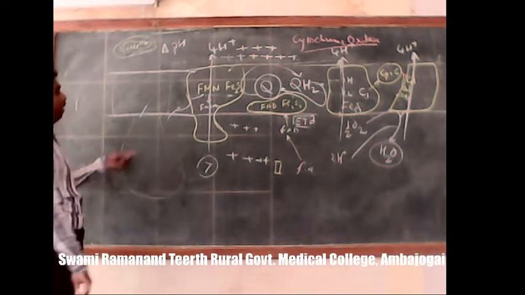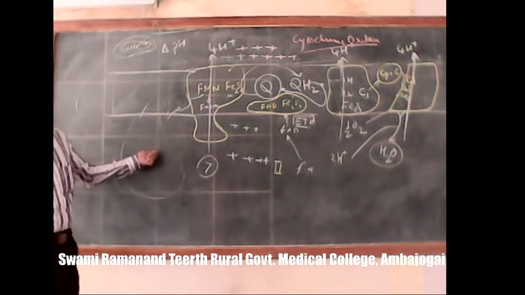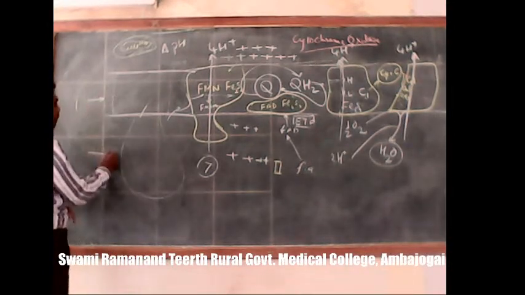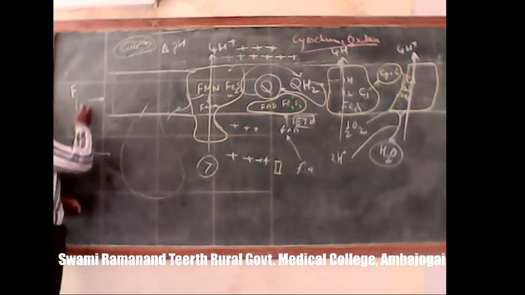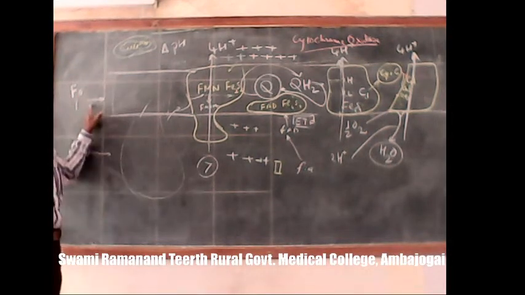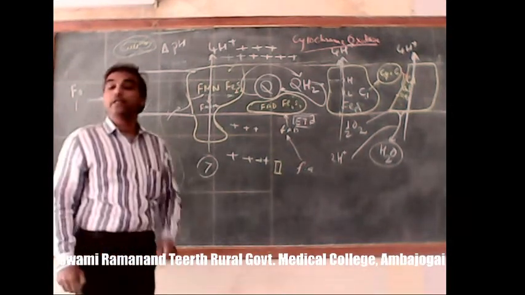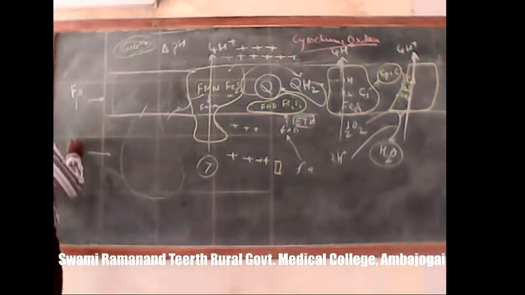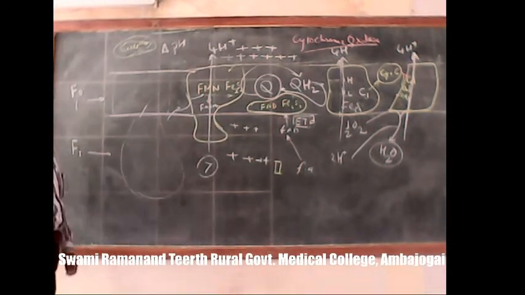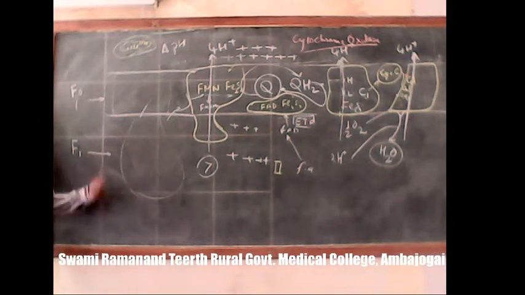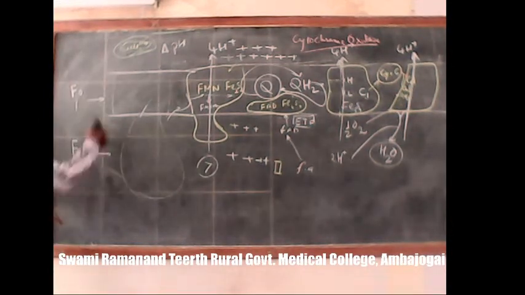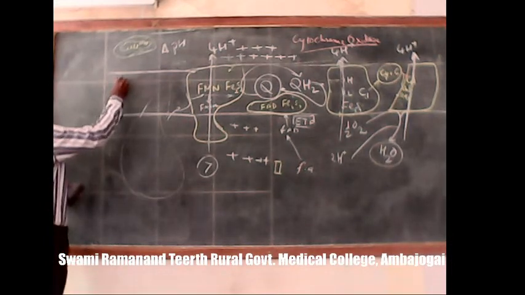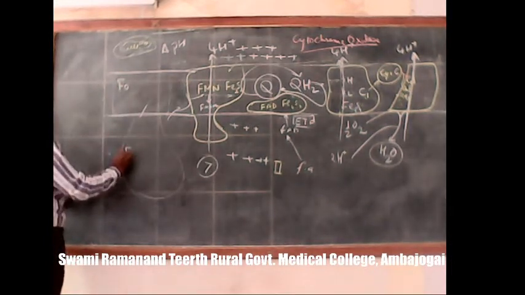This is simple, we'll draw this in detail afterwards. This particular part is called F0, actually it is O, to denote that it is sensitive to oligomycin, and this part is called F1. So there are 2 parts, F0 and F1.